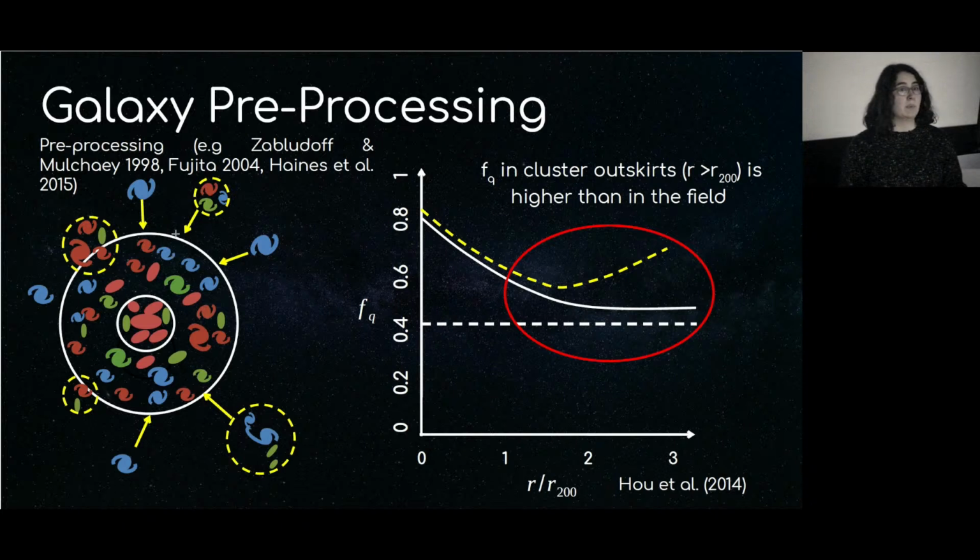Several authors propose that galaxies quench their star formation in galaxy groups before entering the cluster environment, and they call this process pre-processing. The galaxies are pre-processed in the progenitor groups and then fall, already quenched, into galaxy clusters.